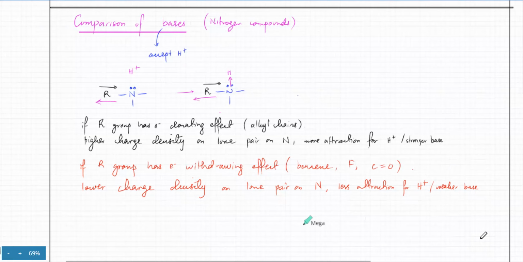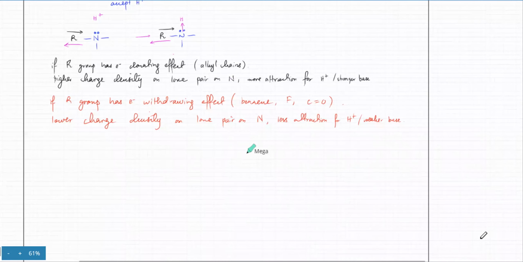So now here you're going to study 4 molecules which have N in them. There's going to be an amide. So that's the first one.